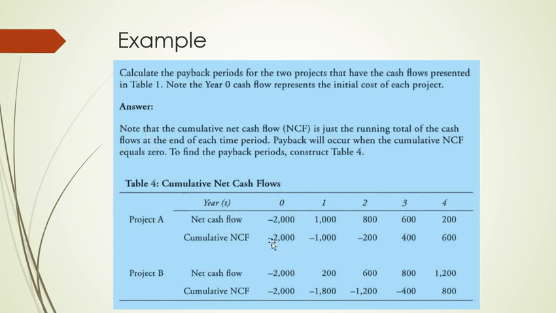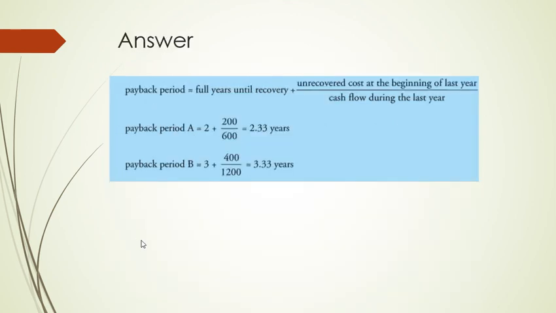We're going to invest, our initial outlay will be 2000 USD, and cumulative net cash flows will be in the first year negative $1000, in year two negative $200, in year three $600, in year four $600, and you can see the numbers for project B as well. For project A, our payback period is 2.33 years, and for project B our payback period is 3.33 years.